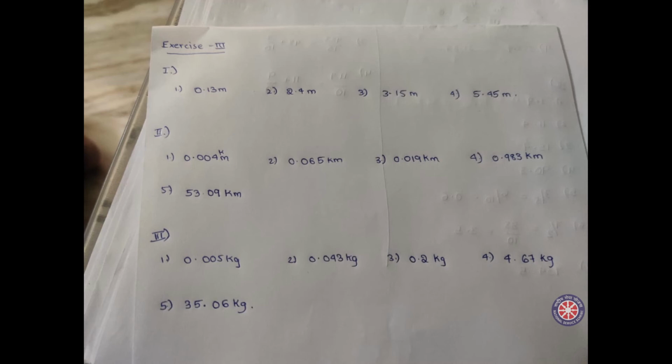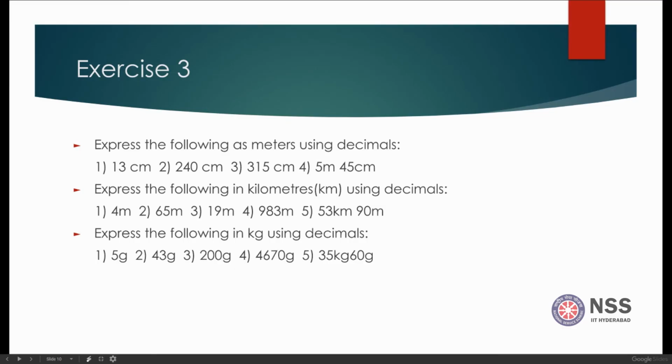Here is a quick exercise. I will explain each problem from one section, and I expect you to do the exercise on your own. The first problem is to express the following as meters using decimals. When they say using decimals, they mean to convert centimeters into meters or grams into kilograms.